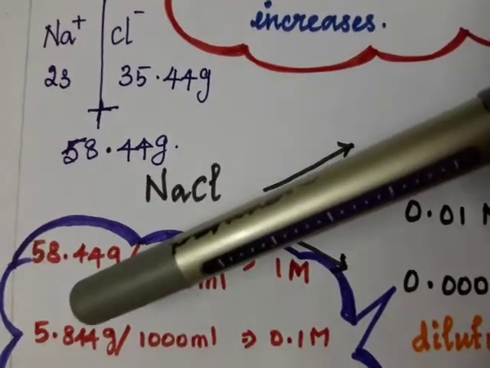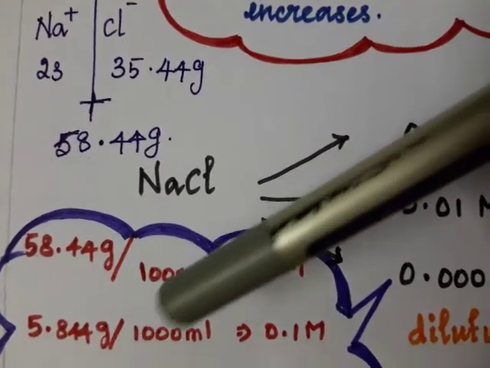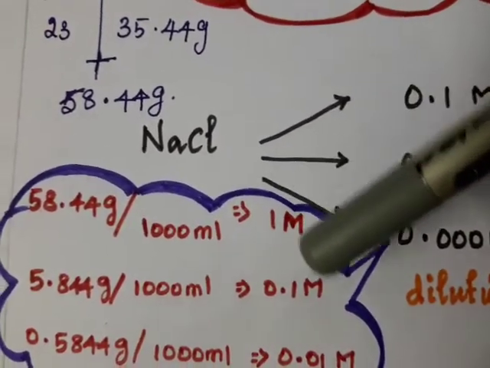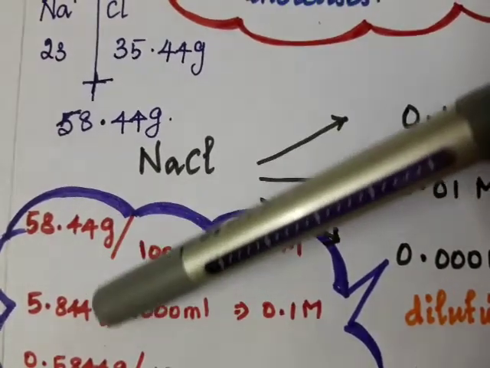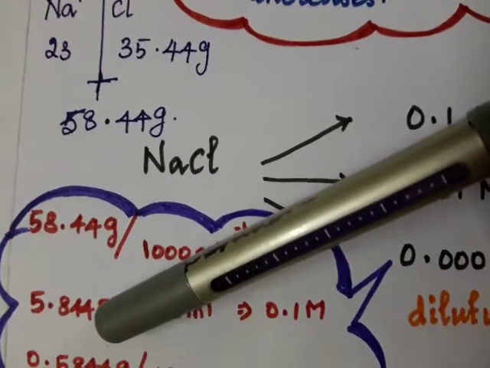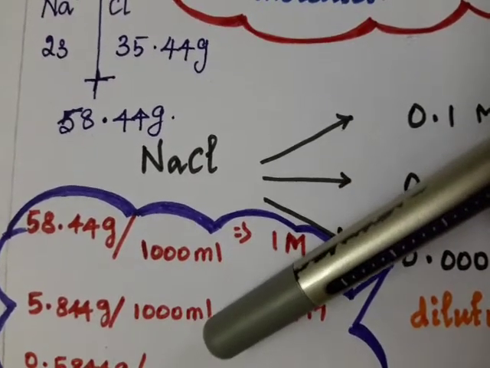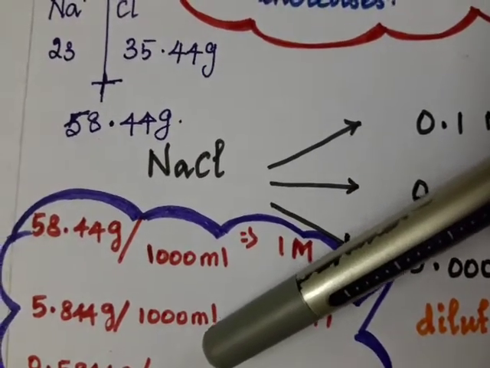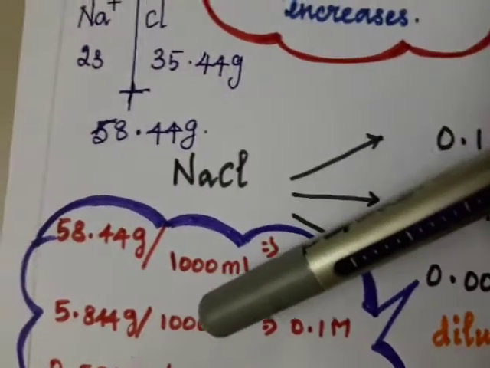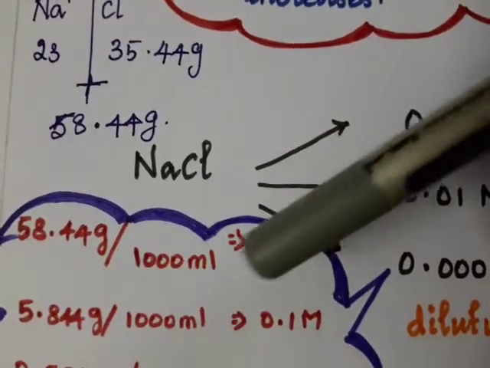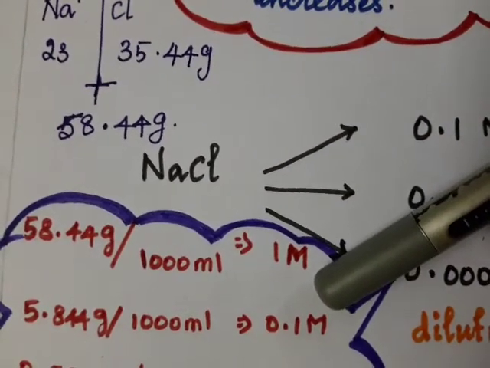So 5.844 grams in 1 liter is considered as 0.1 M, which means the amount of solute is reduced, which means dilution increased. Have you understood? Here per liter I have taken 58 grams and here per liter I have taken 5.8 grams. So dilution increases, right?